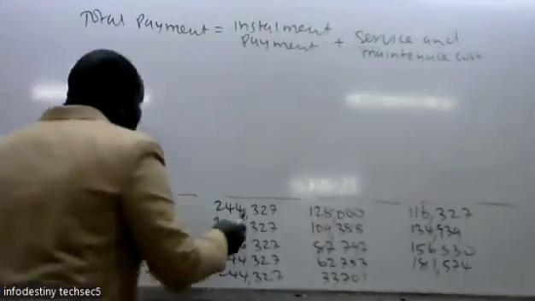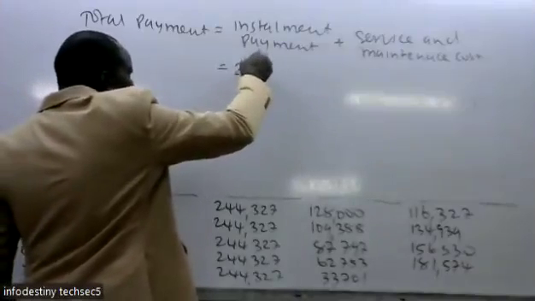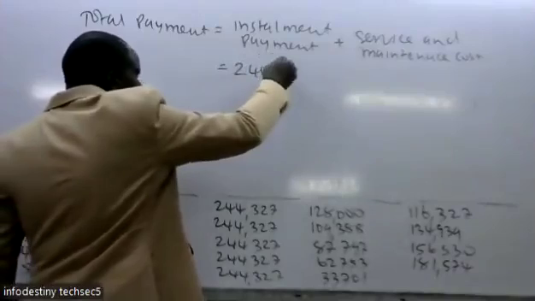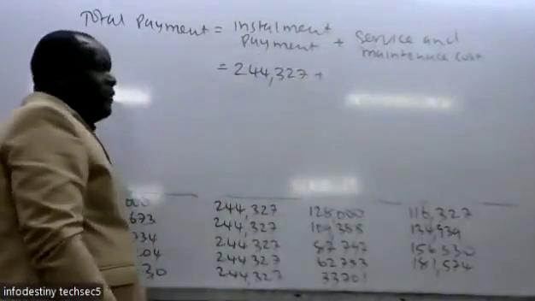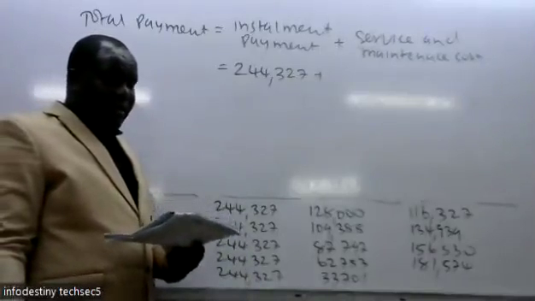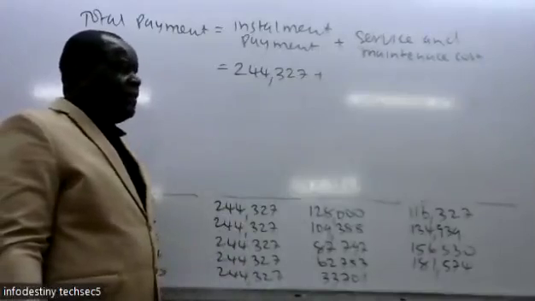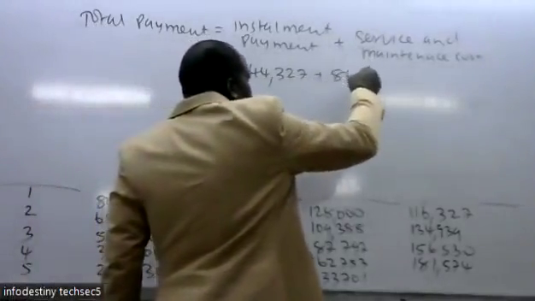So installment is 244,327. Service and the maintenance cost. You are given how much at the end of the question? It was 80.